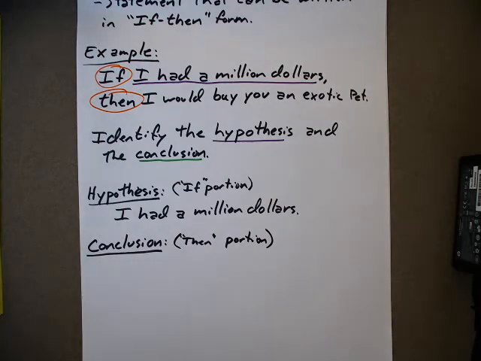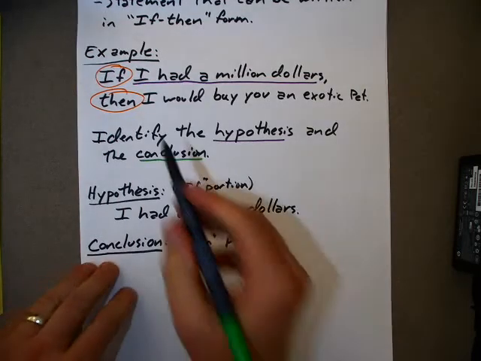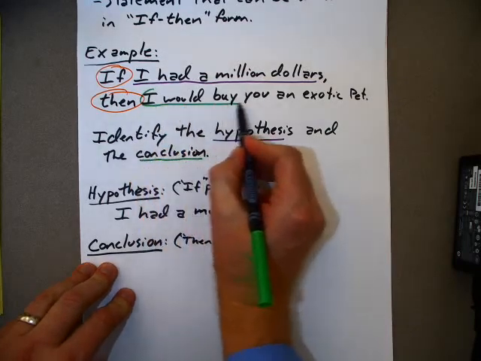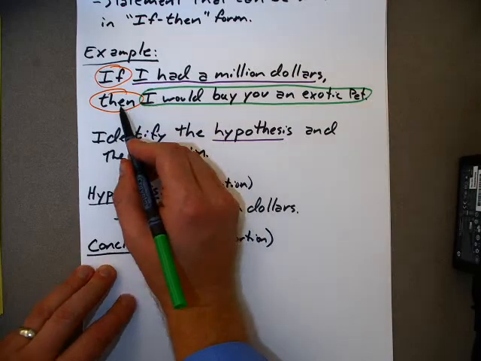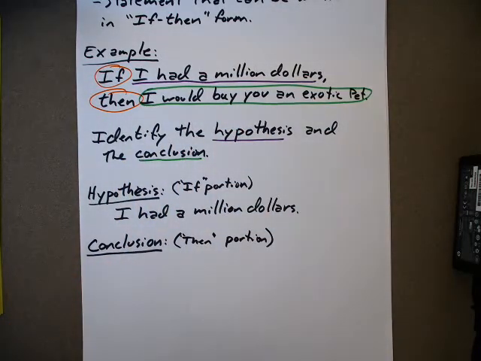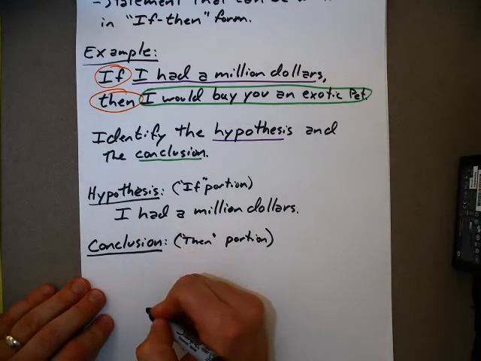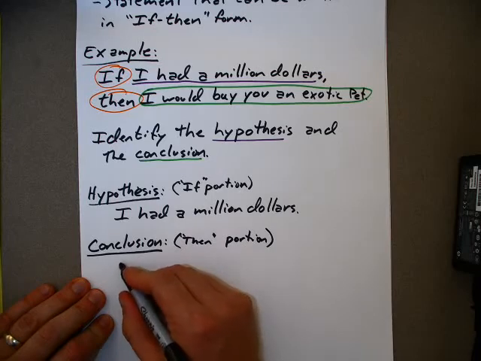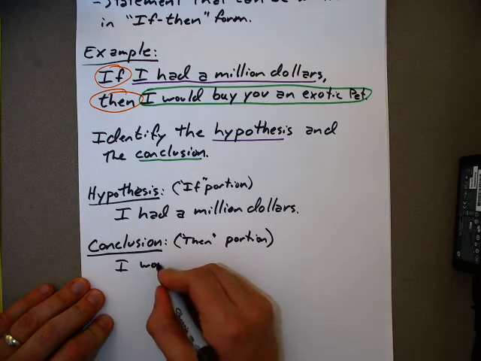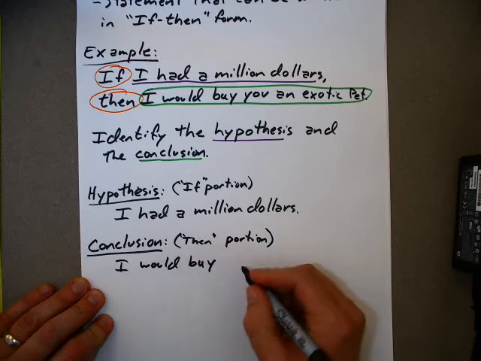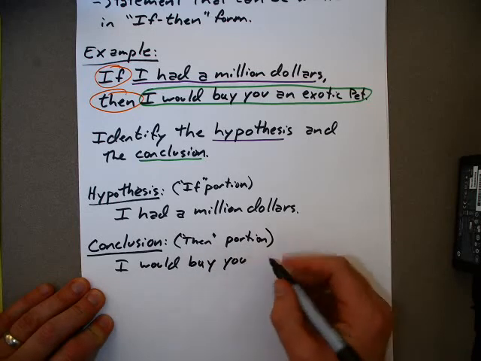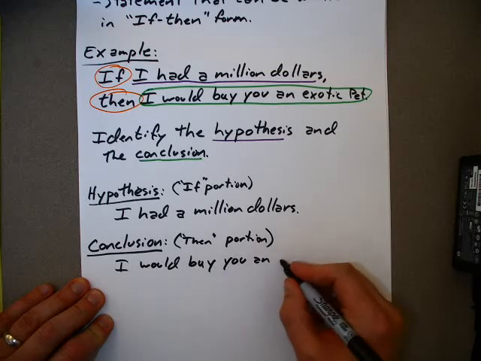I'm going to circle the conclusion. Again, notice I am not circling the then. The then is not part of the conclusion. So the conclusion is I would buy you an exotic pet.